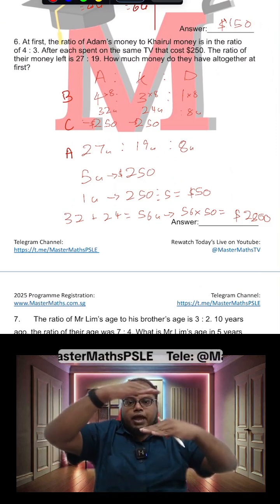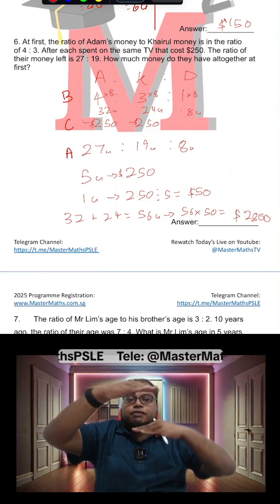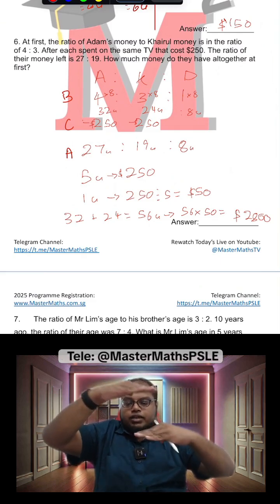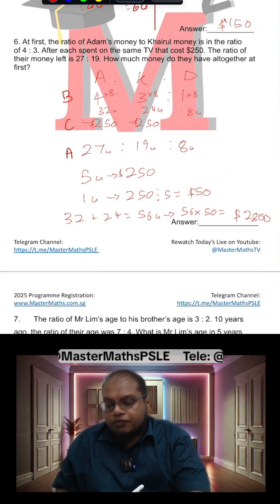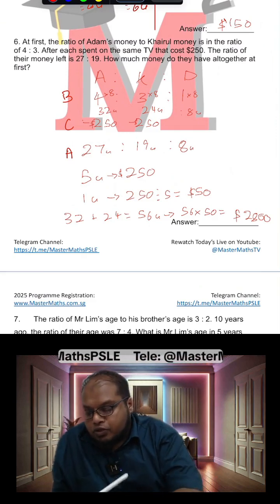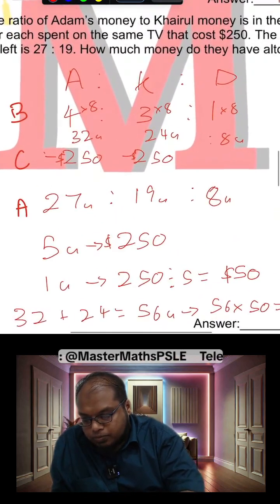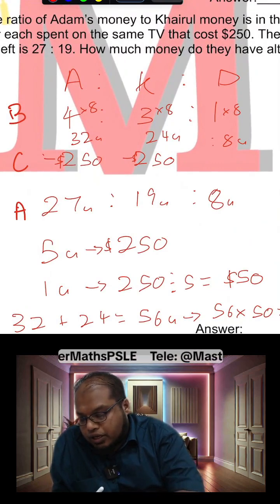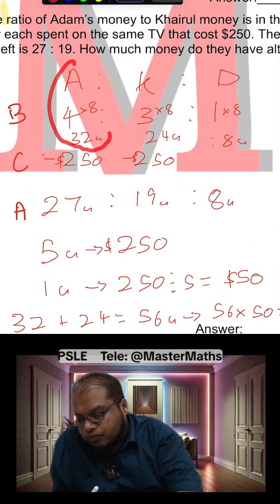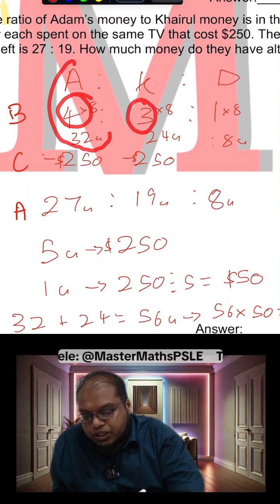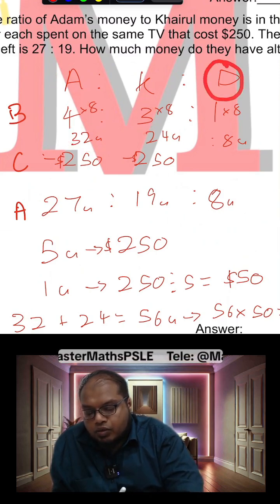So you see this part here, this is the difference. So the difference remains the same. If you can see here, let me zoom in a bit to this portion here. Adam of 4:3, the difference is 1.